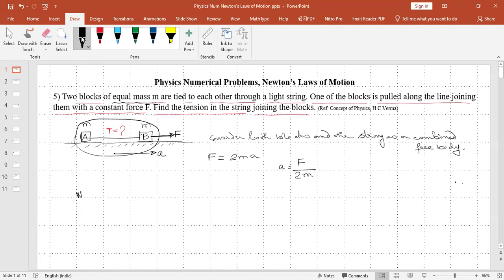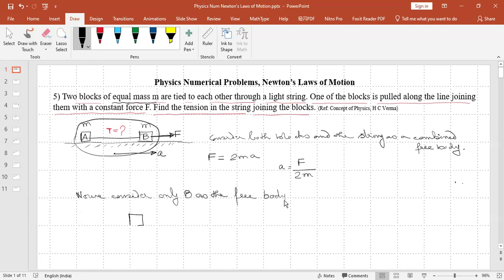Now consider only block B as a free body. If you consider only block B as a free body, then what you find?